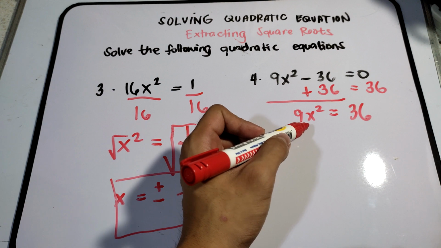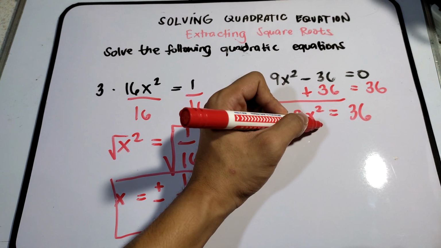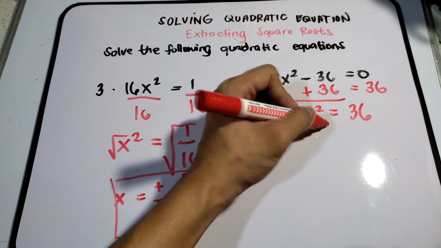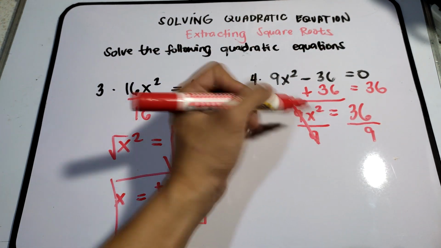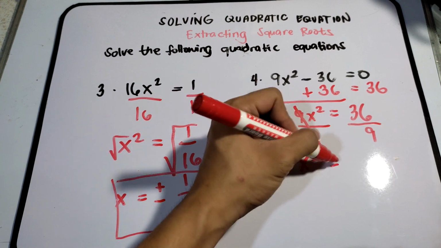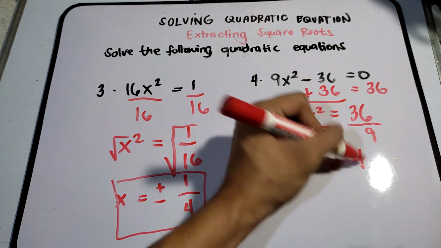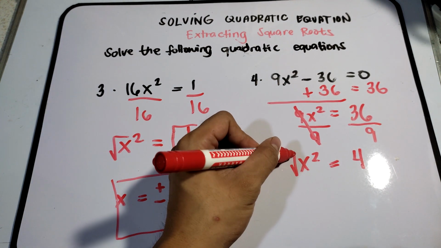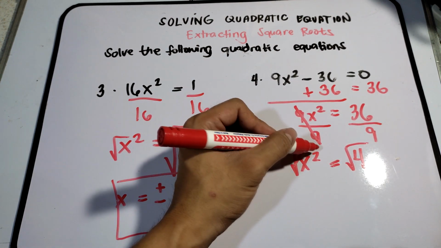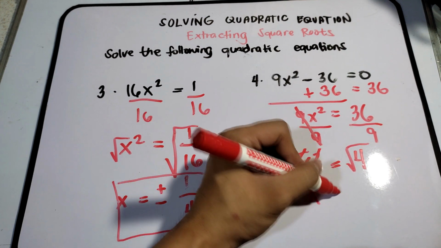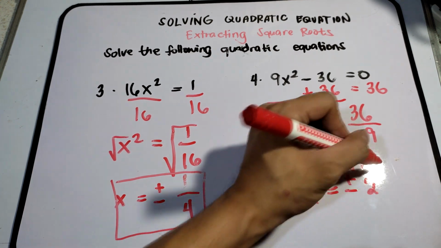Okay, so we need to eliminate 9 on the left side of the equation. So we will divide both sides by 9. So cancel. x squared is equal to 36 divided by 9, which is 4. Now we will have the square root of x squared and square root of 4. Square root of x squared is x, and our final answer is positive and negative 2.